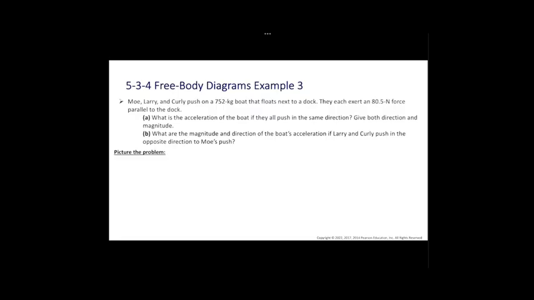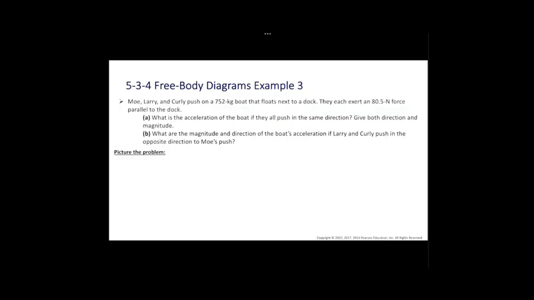They each exert an 80.5 Newton force parallel to the dock. In part A, we are asked to find the acceleration of the boat if they push in the same direction. And in part B, we are asked to find the magnitude and the direction of the boat's acceleration if Larry and Curly push in the opposite direction to Moe's push.